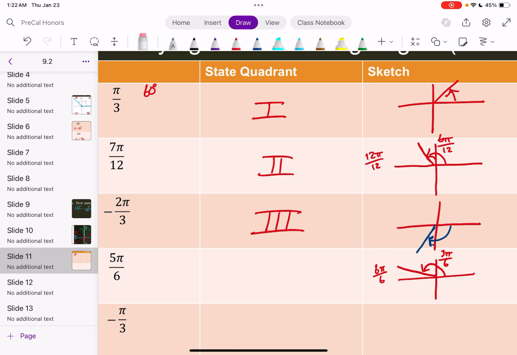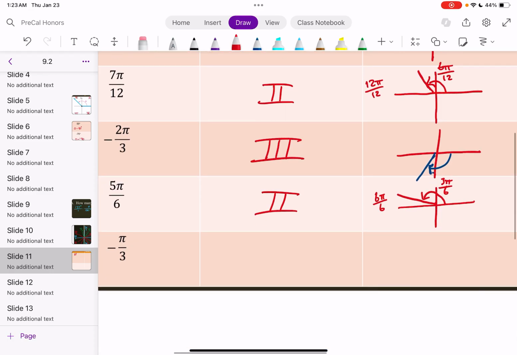Now, if we know that we are within 30 degrees, 180 minus 30 would leave us with 150. 150 would be classified as quadrant 2. And lastly, we have pi over 3.